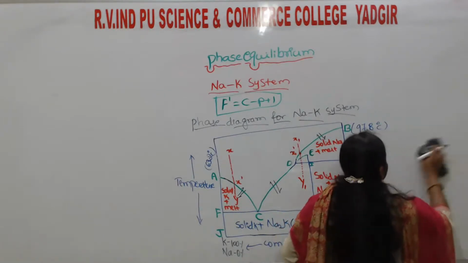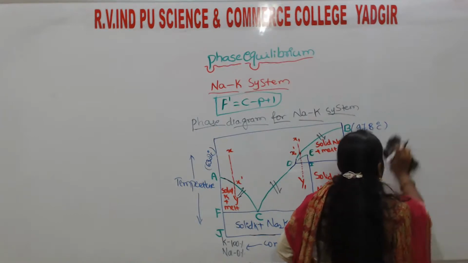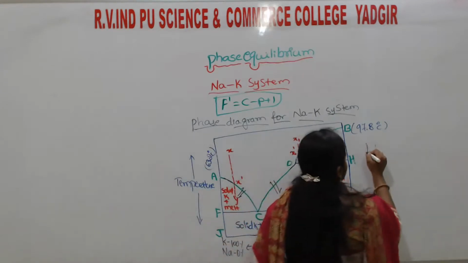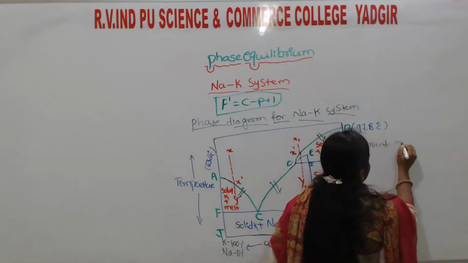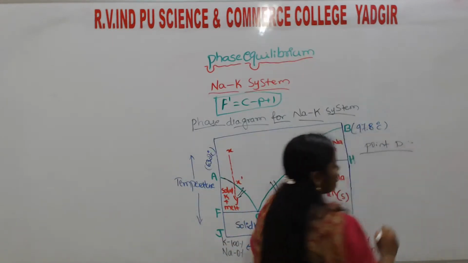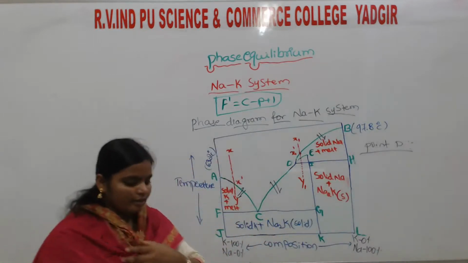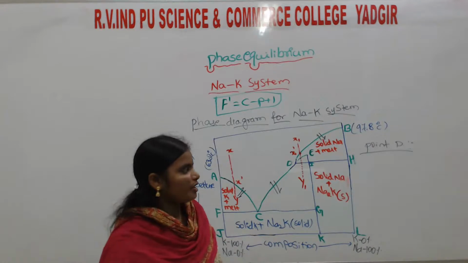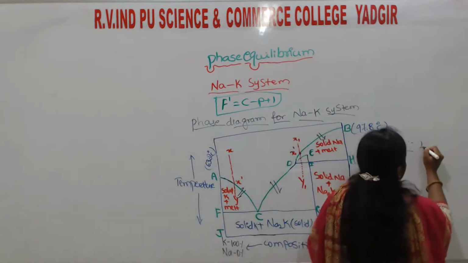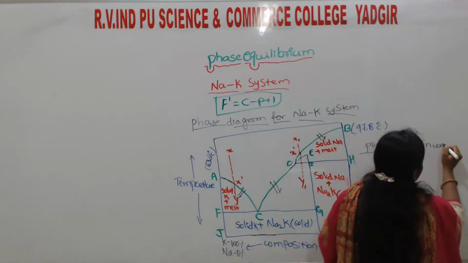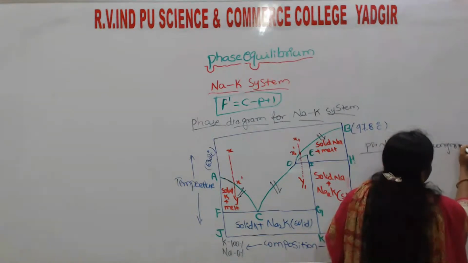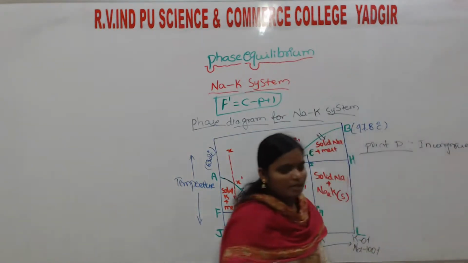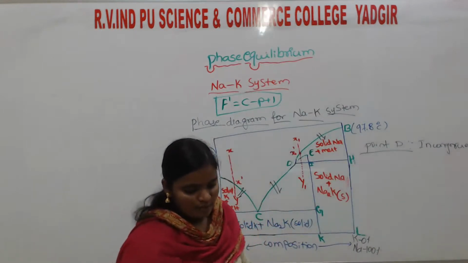Next point. Here, point D represents the incongruent melting point. This is an incongruent melting point.